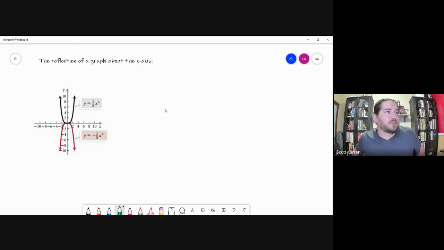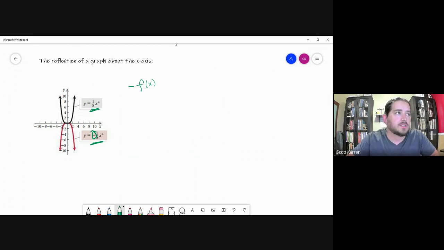So reflection of the graph about the x-axis, you'll notice that the only difference between the black graph, which is 1/5 x to the 4th, and the red graph, which is negative 1/5 x to the 4th, is that negative, right? So if I have some function, f of x, and I just negate the whole thing, that flips everything about the x-axis.